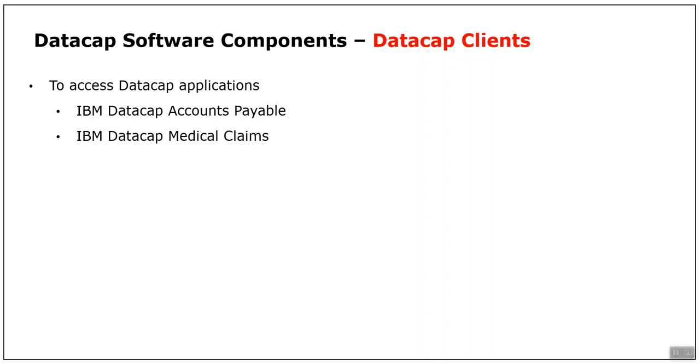The second application is IBM Datacap Medical Claims. What is it? As the name suggests, this is for medical claims. This solution automates data entry from professional claim forms such as CMS 1500, which is mainly used by individual medical providers and suppliers. Like AP, this solution automates data, but in this case data related to medical claims, whereas in the case of AP it was for invoices.